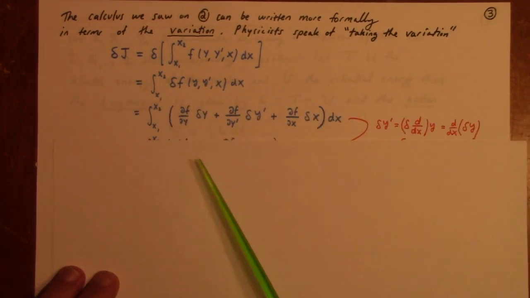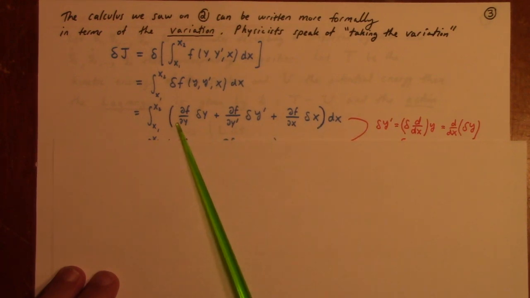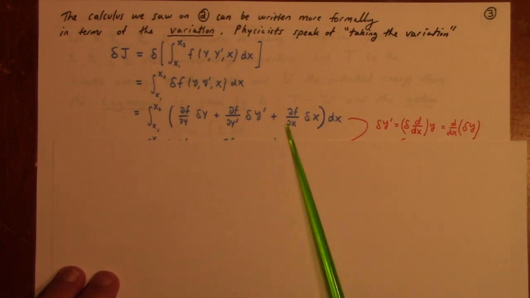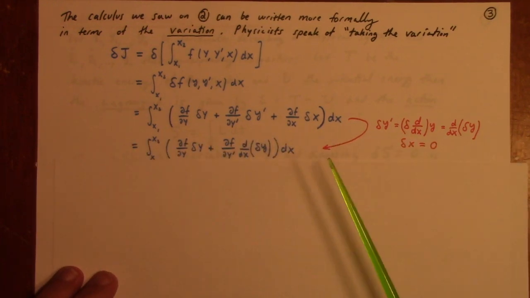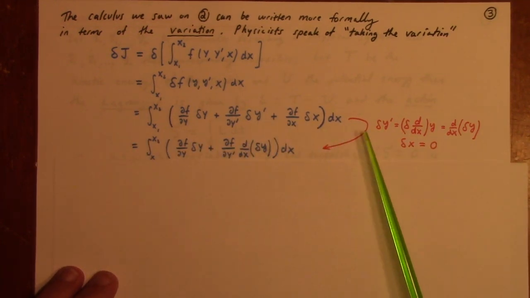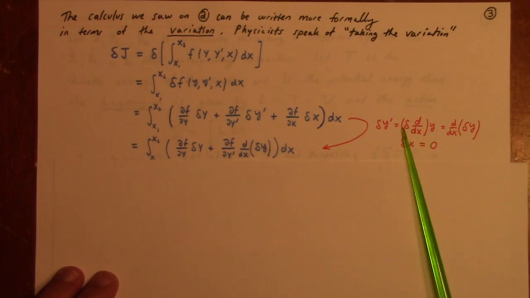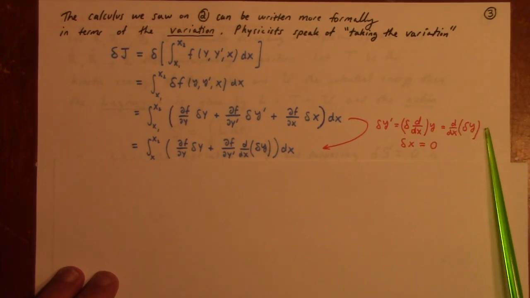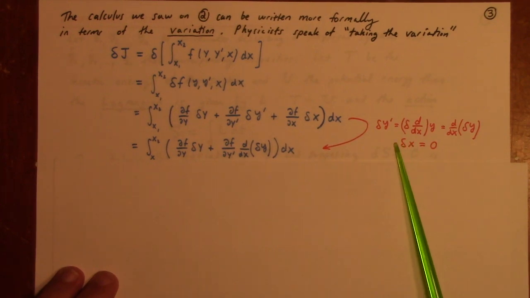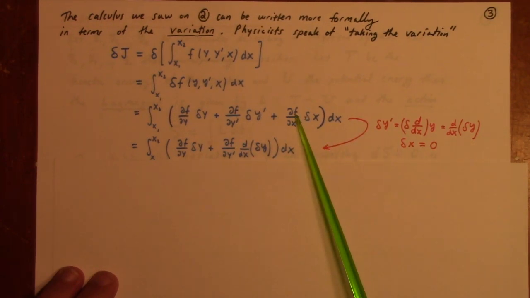And then there's a chain rule for variational derivatives. It looks like this. But the variation of x is 0, and the variation of y prime is this, but you can commute the delta and the d dx because that's how it works. So they'd say something like that. Delta x is 0, so we get this.